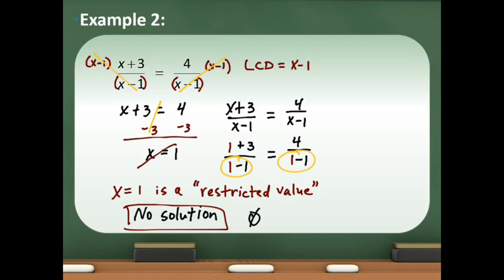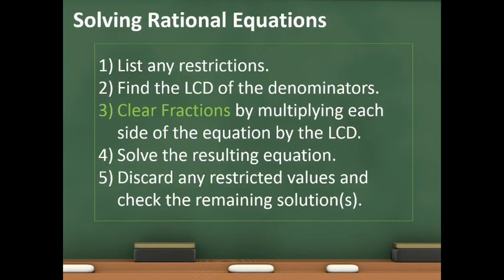All right, so here's the steps that we're going to use when we solve rational equations. It says list any restrictions, find the LCD of the denominators. And really, 1 and 2, doesn't really matter which order you do those in. I actually usually find my LCD first. And then we clear fractions by multiplying each side of the equation by the LCD, which we've been doing.